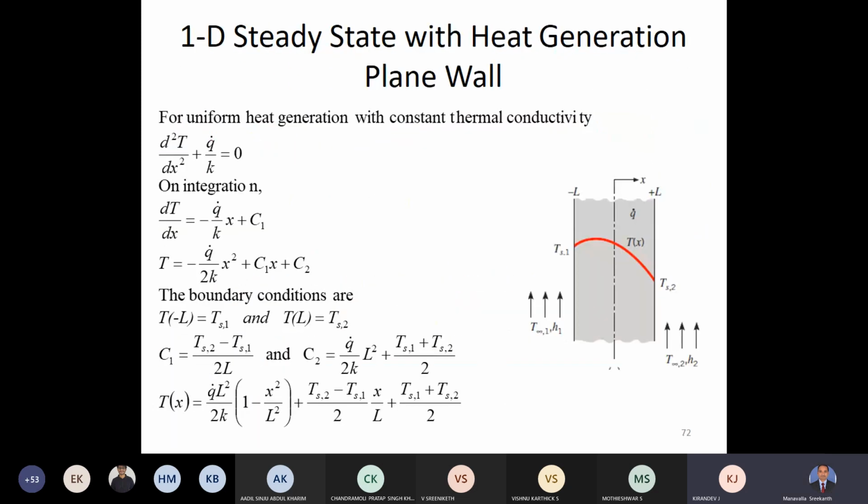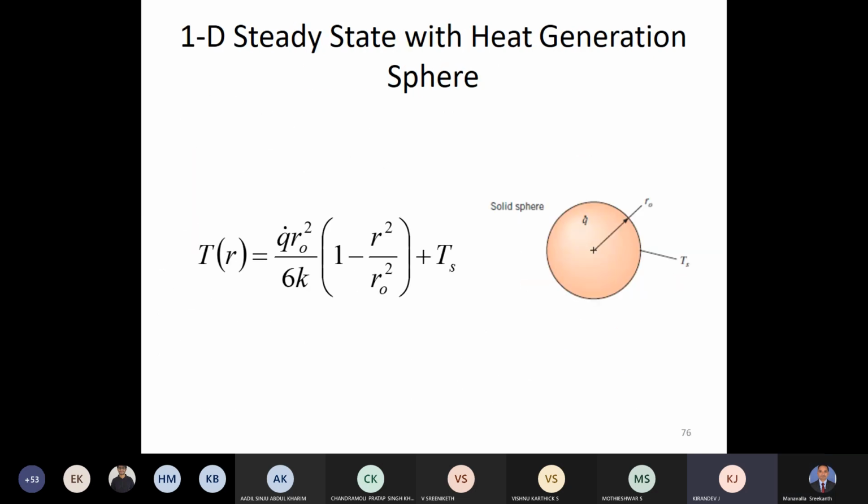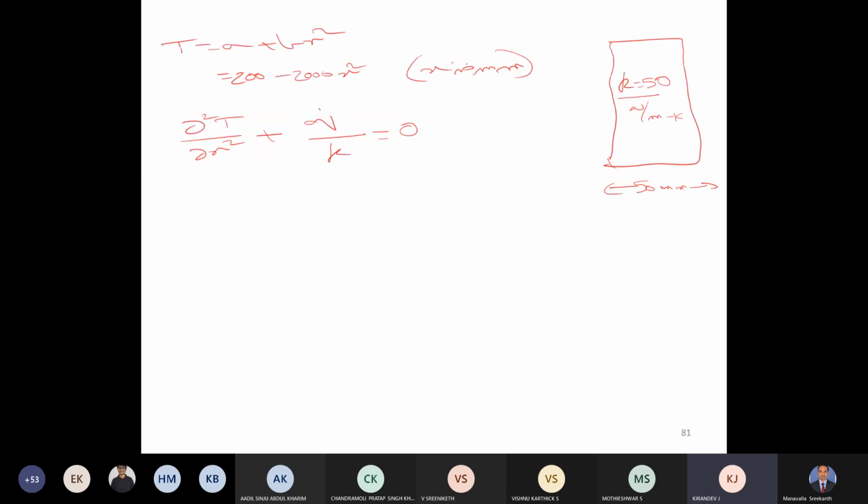Here it is, the heat generation. Here, this equation. You have seen this equation. So this is the equation we have taken up and we are trying to solve. The same equation.